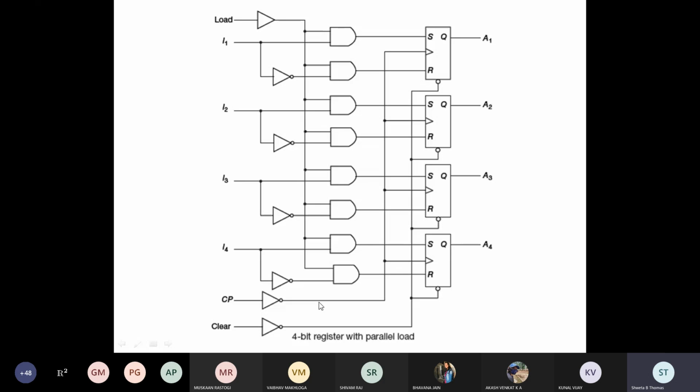That means when it is equal to 0, only then it will work. If it is 1, it will not give any changes. Here this register is working with the negative edge of clock pulses, because one inverter is there with this bubble. If the bubble is not there, that means this is a simple buffer.